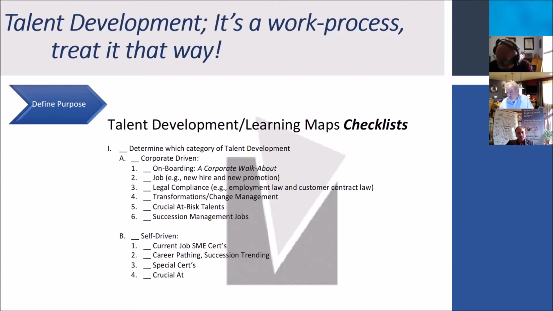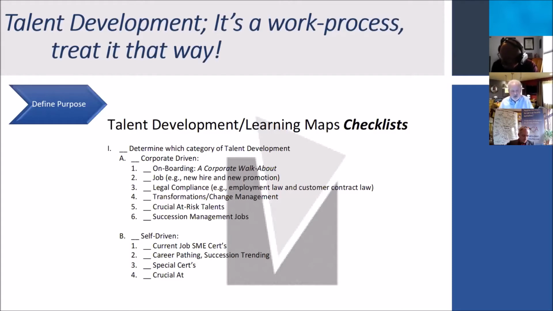You may also look for backups in the community, other places with other professional organizations, that's another way to do it. Succession management jobs. You have succession trends, and you can see that jobs are turning over in one arena more rapidly than others. And so you need to start to develop people while they're in their current jobs to be able to move to these future jobs.